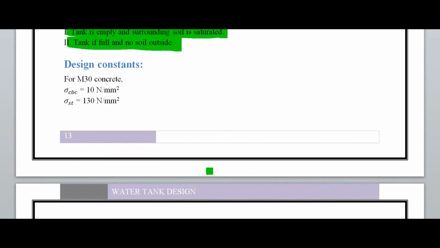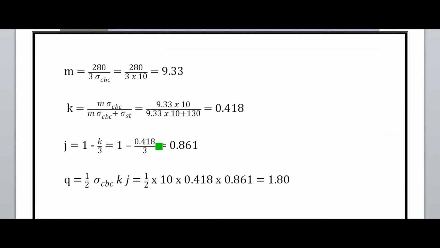So first of all we have to find the design constants, CBC and sigma st, from the IS code, IS 3370 part 2, table number 4 and 5. Then we have some equations. M is equal to 230 divided by 3 sigma CBC.